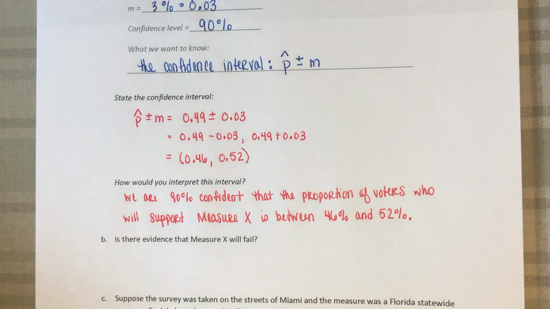So our confidence level, our proportion that we're looking for, and then our range of percentage that we get for our confidence interval.